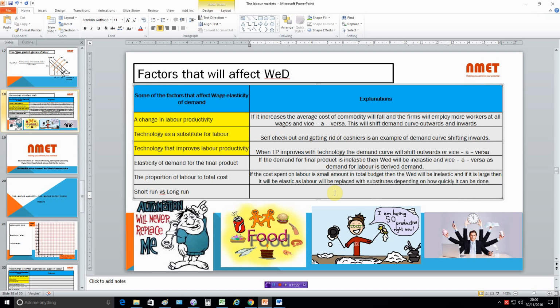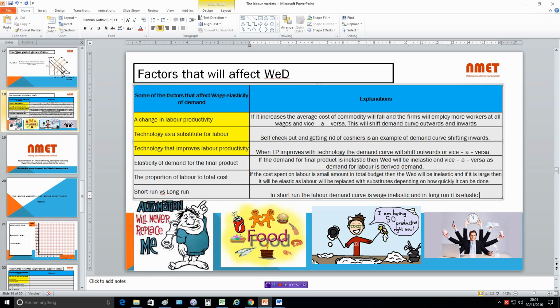In the short run, it is normally inelastic. Why do you think so? Because in the short run it's hard to fire someone because of redundancy packages. It's not only about firing someone, it's also about recruiting. It takes time, and you may need training, depending on the profession.